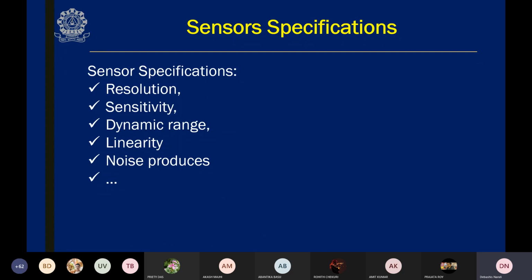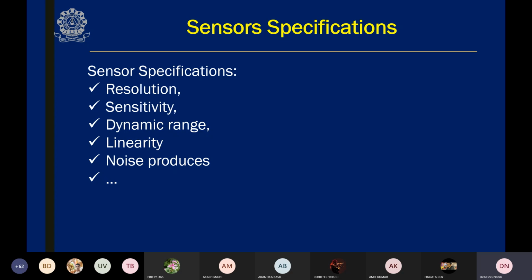If the resolution is higher, then obviously the sensor will be good. But if you want a sensor with higher resolution, the cost will also be more. Therefore, based on your application, you will choose a proper sensor with proper specifications. Similarly, sensitivity is another specification which should be mentioned at the time of purchasing the sensor.